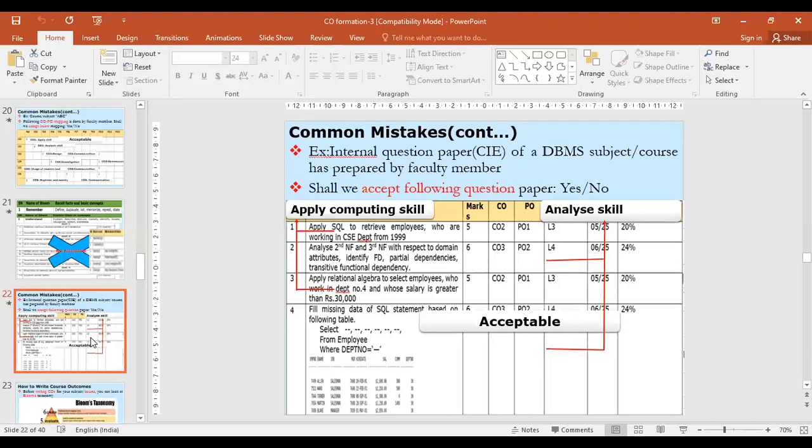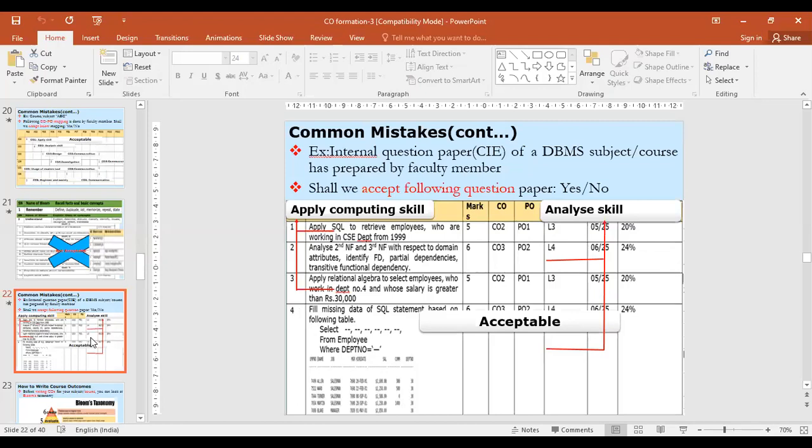The unit 3 also the same way. Now you segregate all these, like apply level. You take the COs from unit 1, unit 2, unit 3 and write a generalized one. Then take the analyze level COs from unit 1, unit 2, unit 3, unit 4, and take the generalized CO. Then you write only one CO. That's what I want to say to you.